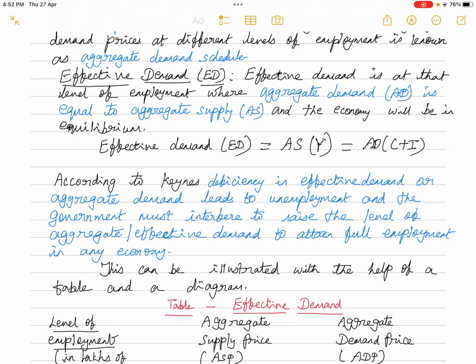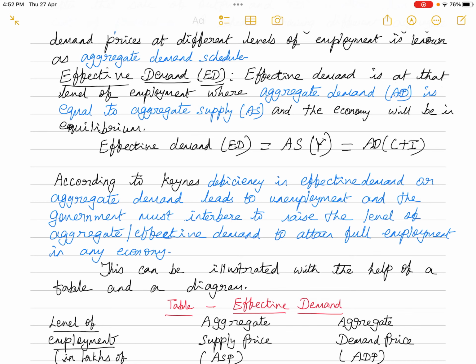Even though effective demand depends on both aggregate supply and aggregate demand, with aggregate supply remaining constant, effective demand depends mainly on aggregate demand. That's why we keep saying deficiency in effective demand or aggregate demand, they both are the same, leads to unemployment. So the government must interfere to increase the level of employment in the economy.